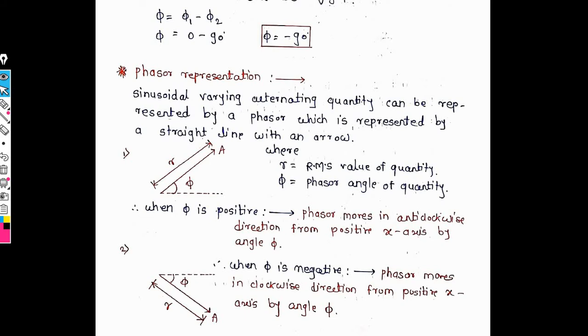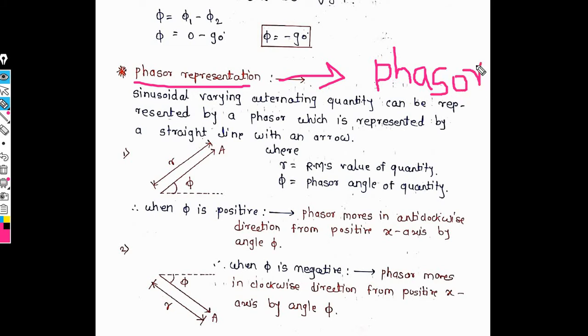Now in phasor representation, we need direction. That is, the direction will be clockwise and anti-clockwise. The phasor representation quantity will depend on the phasor.